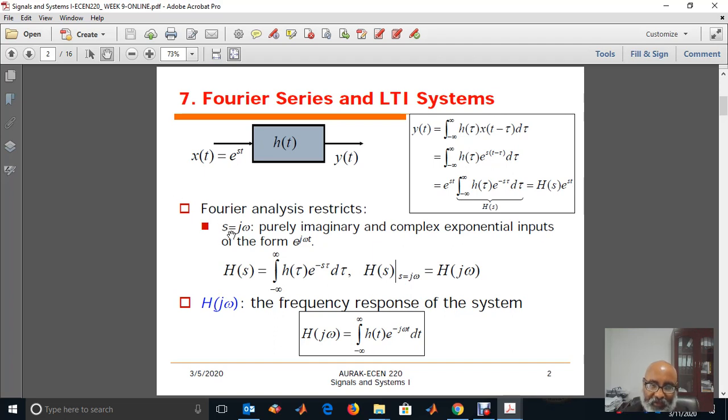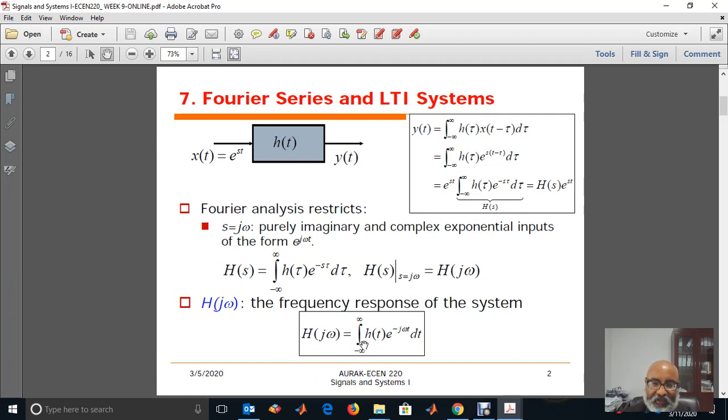In this chapter, for the case of Fourier series, the real part is 0, and s becomes j omega, purely imaginary. So H of s at s equal to j omega becomes H of j omega.